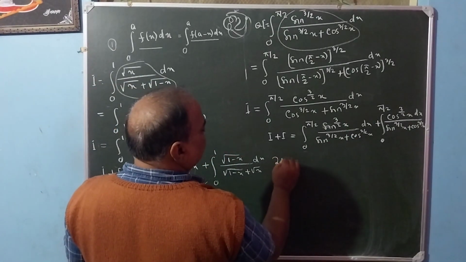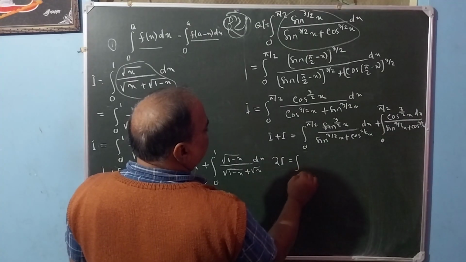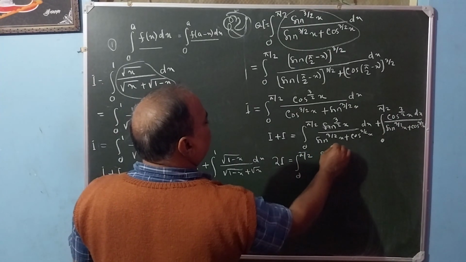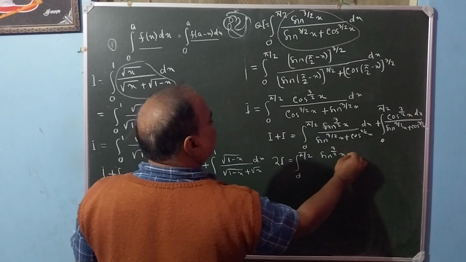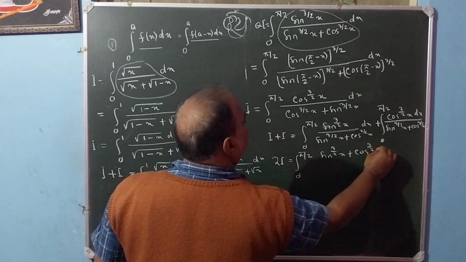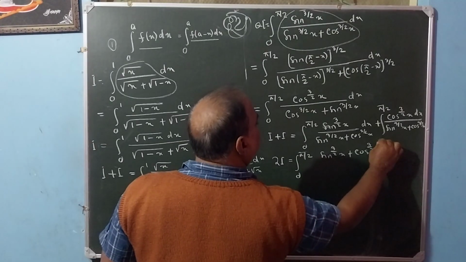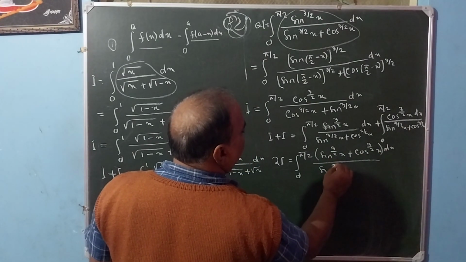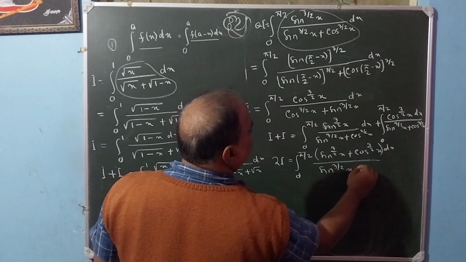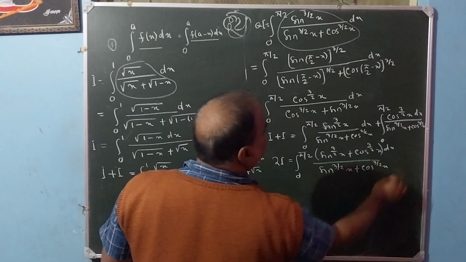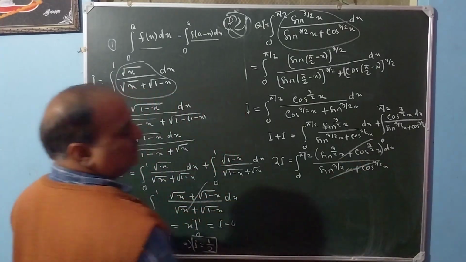So 2I is equal to integration from 0 to pi by 2 of sin to the power 3 by 2 x plus cos to the power 3 by 2 x, whole, dx divided by sin to the power 3 by 2 x plus cos to the power 3 by 2 x. So this cancels with this.